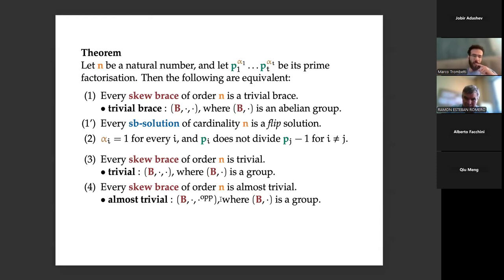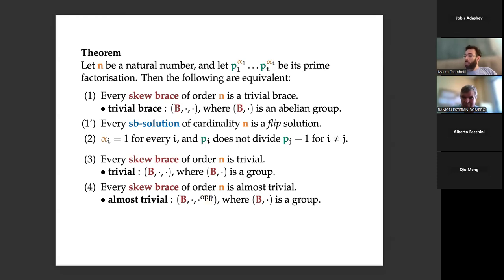So even if you ask that all your skew braces of that given order are almost trivial, you get that all skew braces of that order are trivial braces. So it means that this opposite means nothing here.